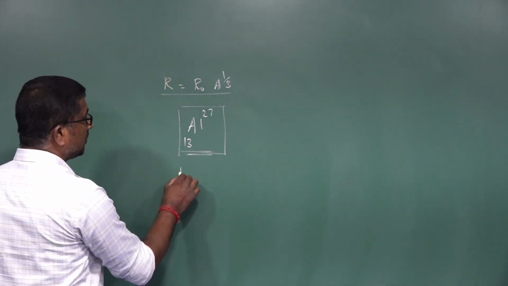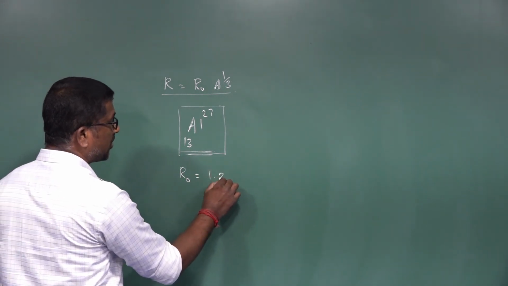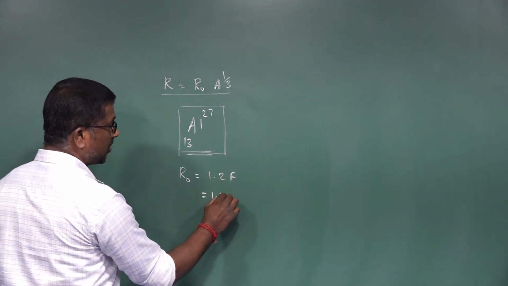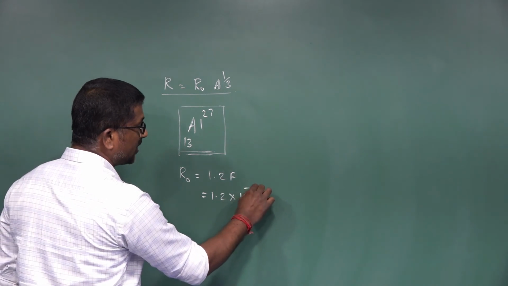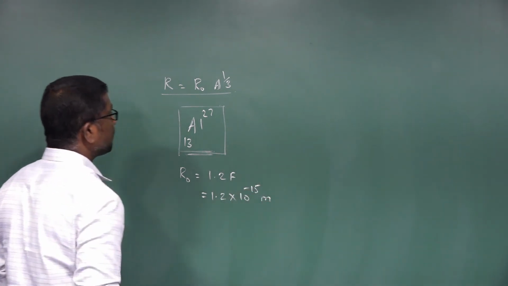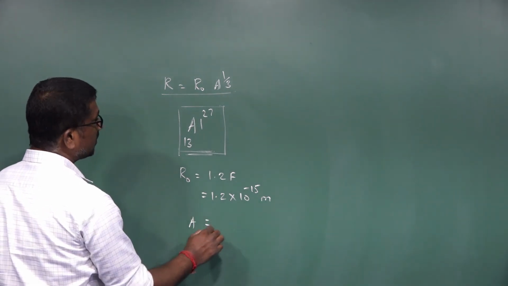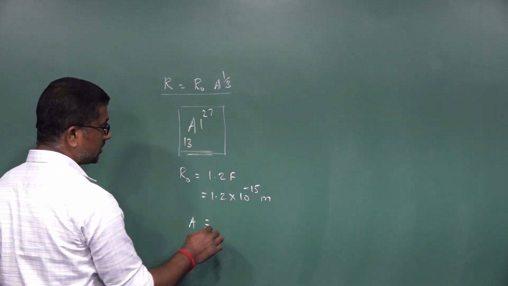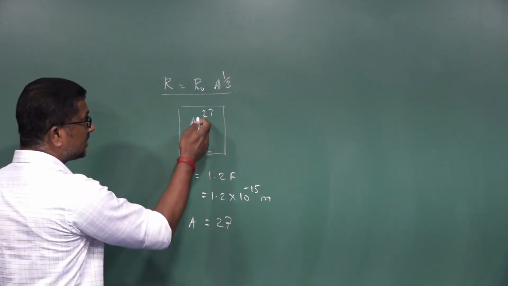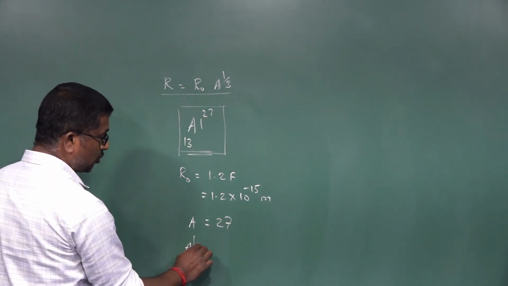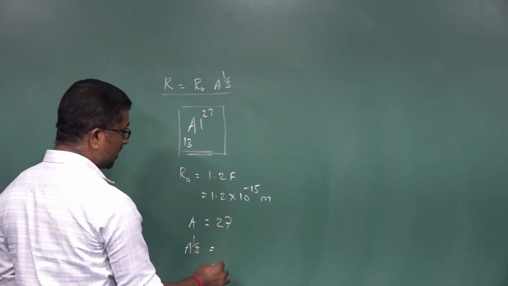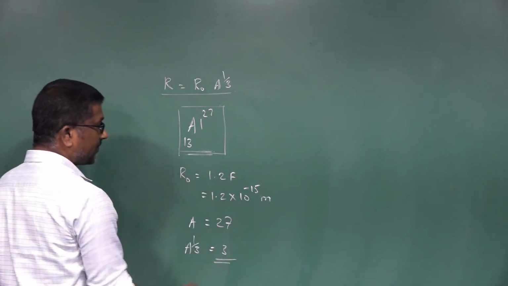We know that r0 value is 1.2 Fermi or 1.2 into 10 power minus 15 meter. And for the aluminum 13-27 nucleus, A value is 27 and the cube root of 27 is 3.